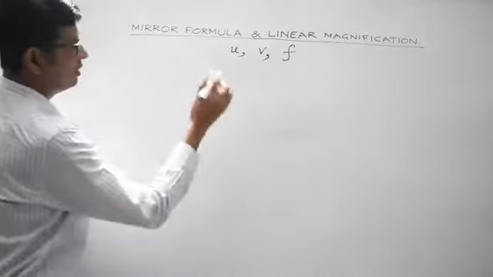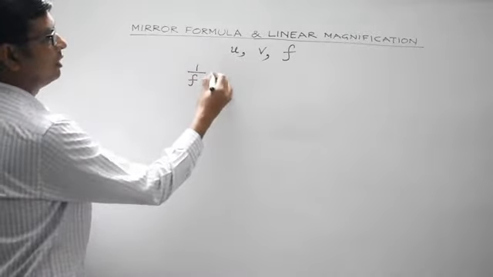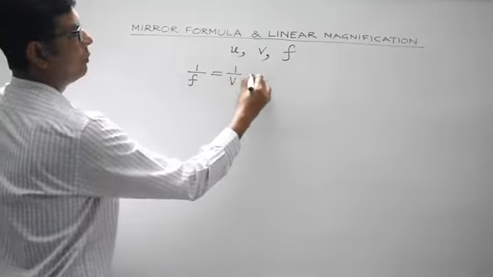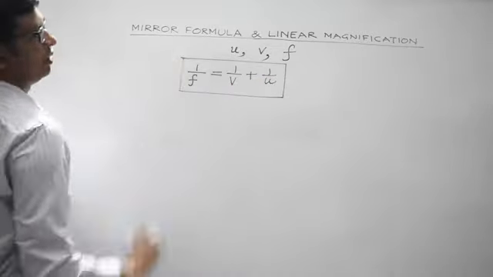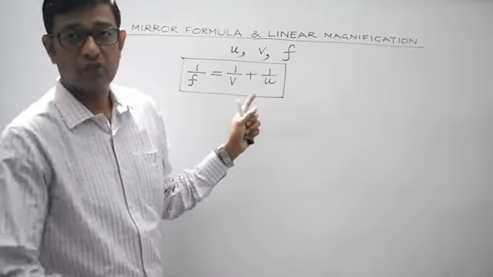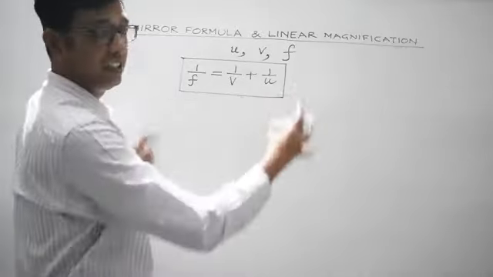The mirror formula is 1 by f is equal to 1 by v plus 1 by u. We can also derive this relation, which we will do in a later section. This is just the intro part.